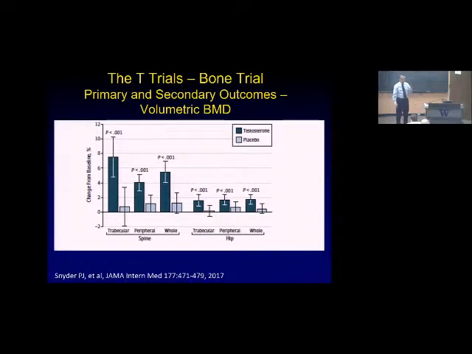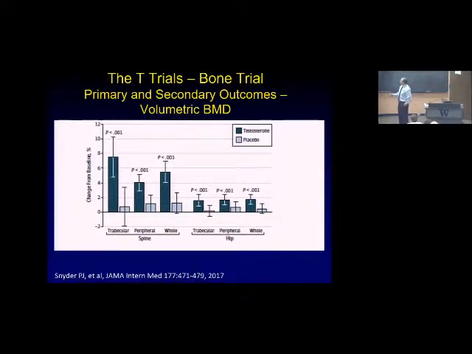So it actually isn't the DEXA scanning. We did DEXA scanning, but this is a better way to assess vertebral bone mineral density because it basically takes out of the equation aortic calcification or osteophytosis in vertebrae from degenerative disc disease and degenerative joint disease.